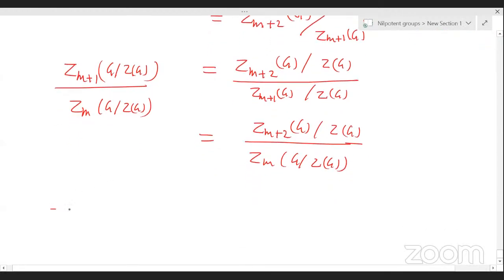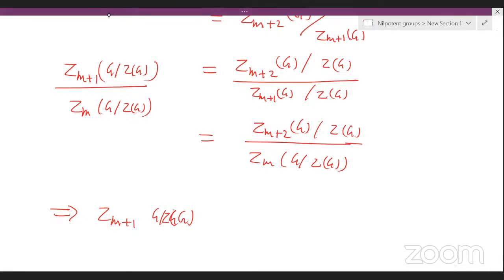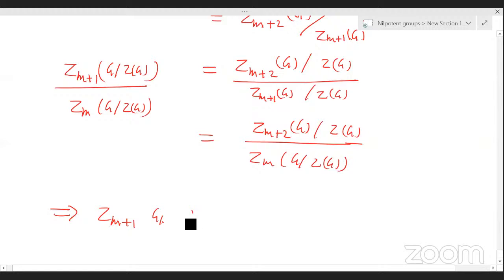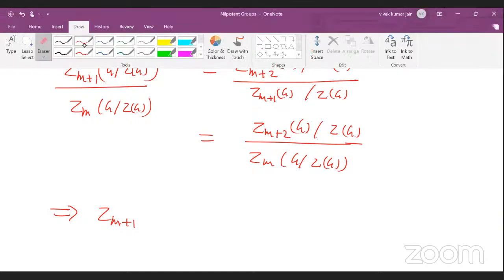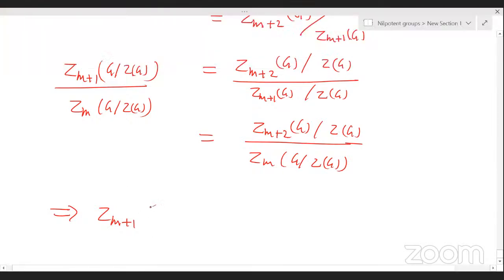Okay, so this implies, let me write it clearly, Z_{m+1}(G/Z(G)) is equal to Z_{m+2}(G)/Z(G).